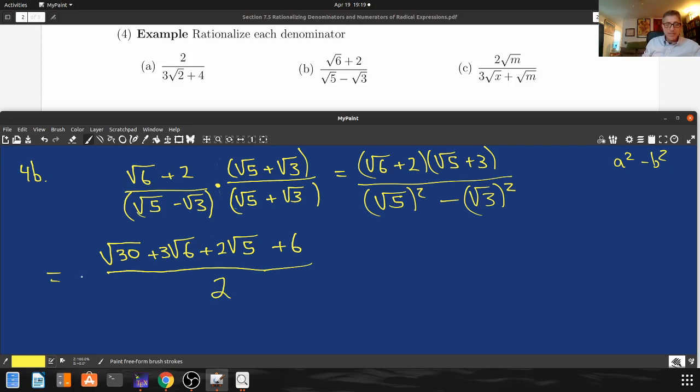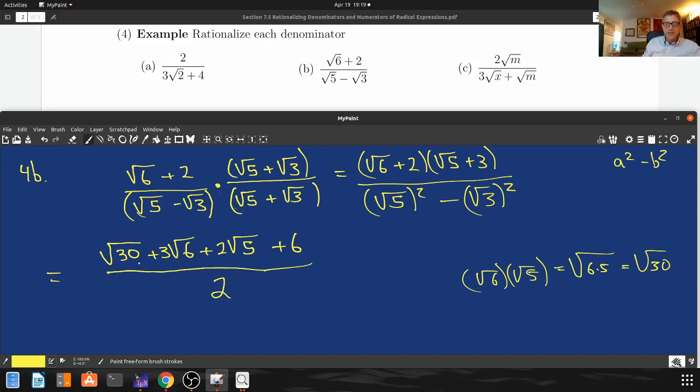And the top cannot be simplified because 6 and 5 share no common factors. So when I multiply the square root of 6 times the square root of 5, I get the square root of 6 times 5, which is the square root of 30. There's nothing I can do to simplify it.